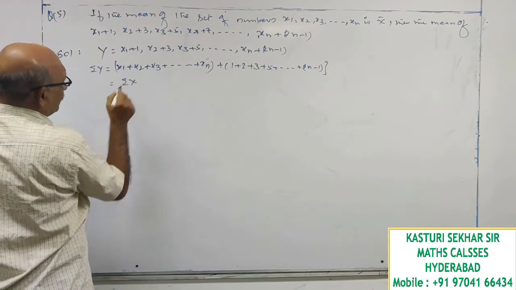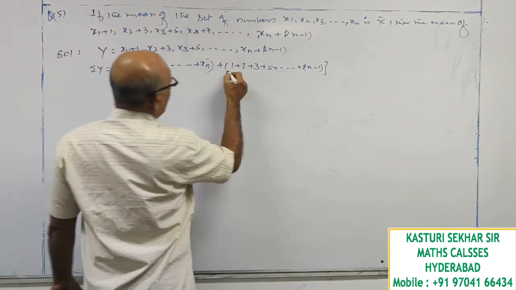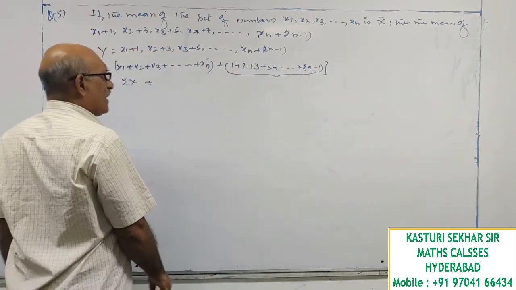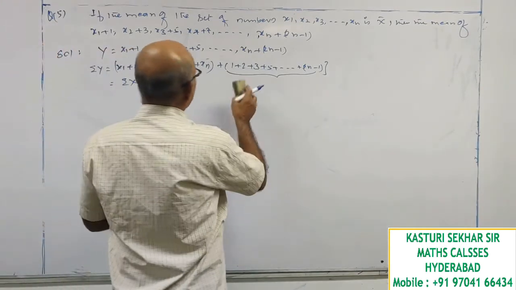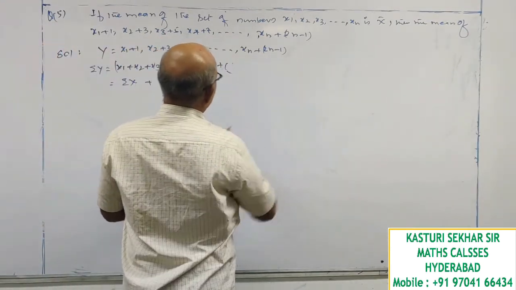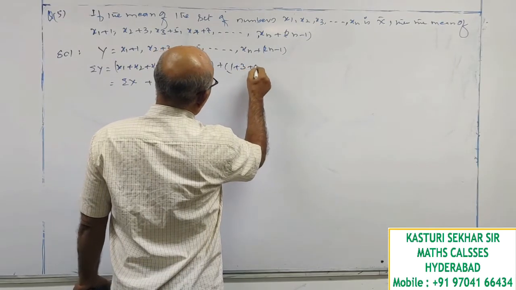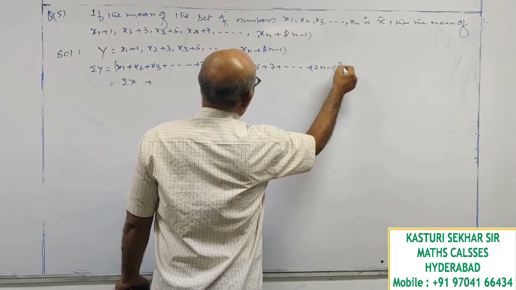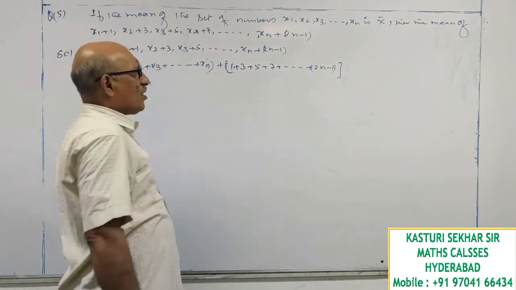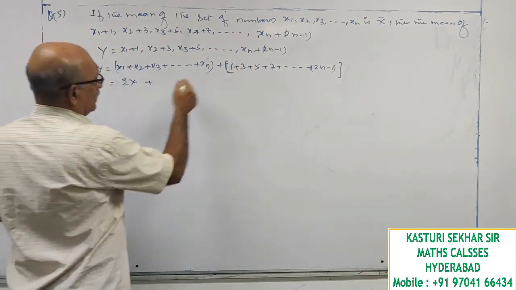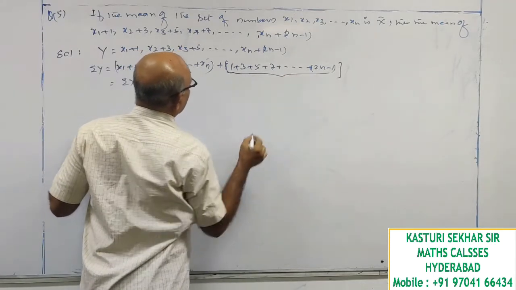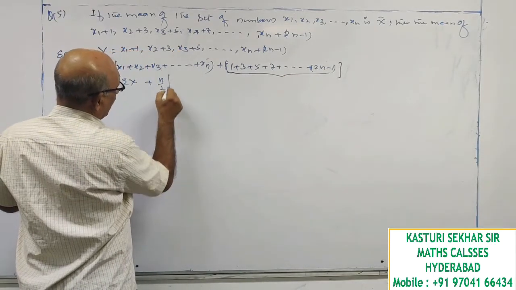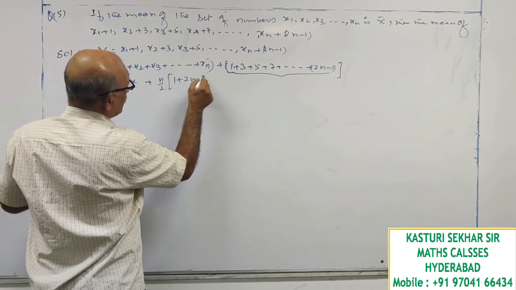Now this can be written as summation of x plus the sum of the first n odd natural numbers: 1 plus 3 plus 5 plus 7 plus etc. plus 2n minus 1. These are odd numbers. It is in arithmetic progression. Number of terms is n, so n by 2 times first term plus last term.